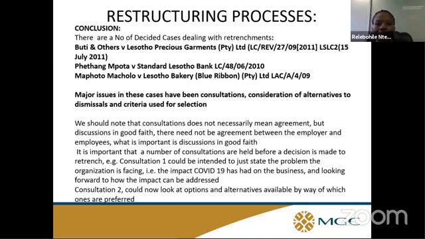Then the employer would be saying, over and above the terminal benefits that you're having, I will pay you, say, a 2-month salary package over and above the terminal benefits that are due to you. Or where an employer says, I will train my workers so that they are eligible to start small businesses that they can start. Those would be retrenchment packages.